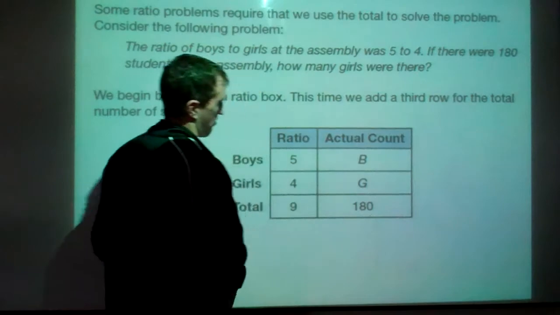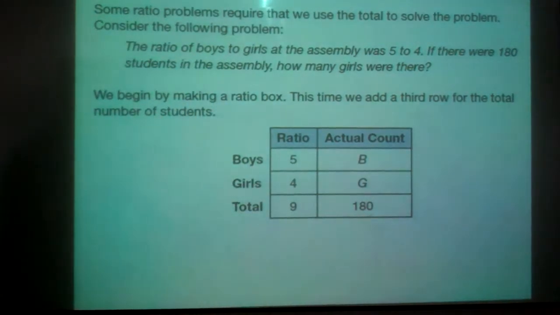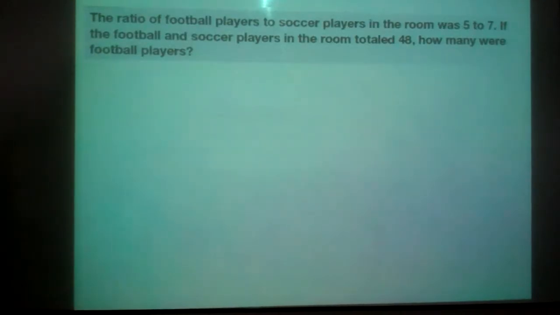Alright, let's go over one more. The ratio of football players to soccer players in the room was 5 to 7. If the football and soccer players in the room totaled 48, how many were football players?